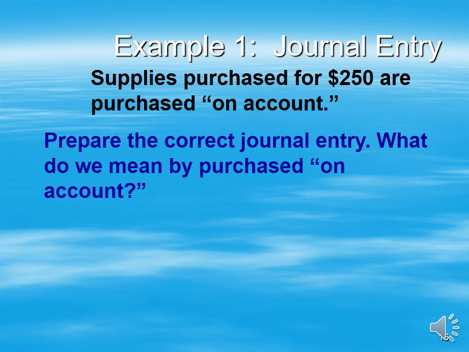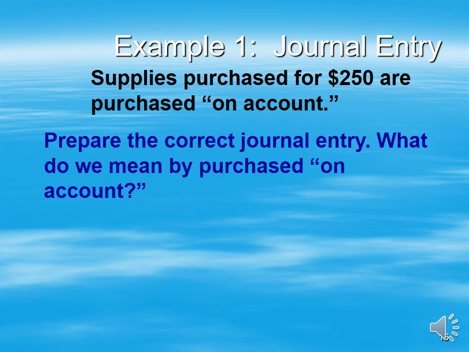to record this in the general journal, you have to analyze this transaction first. So the type of the transaction is the business purchases supplies on account or on credit. So what is the effect of this transaction on the accounting equation?